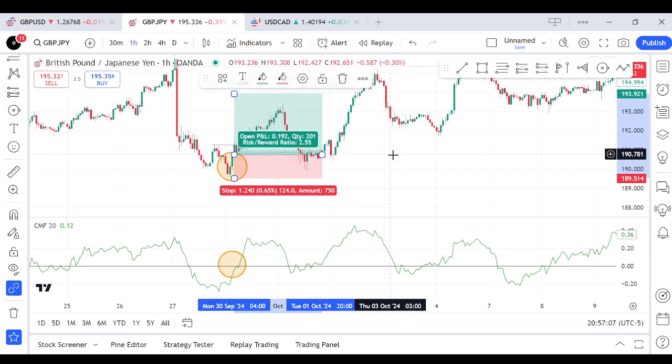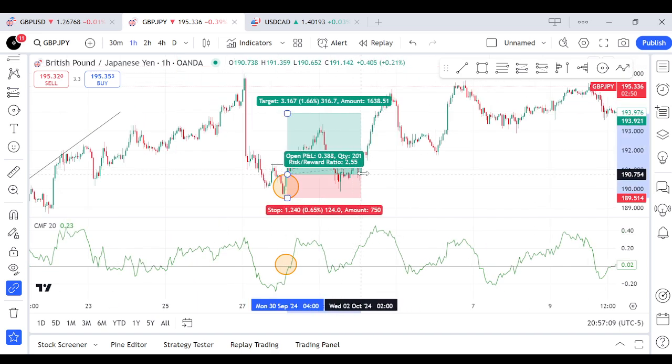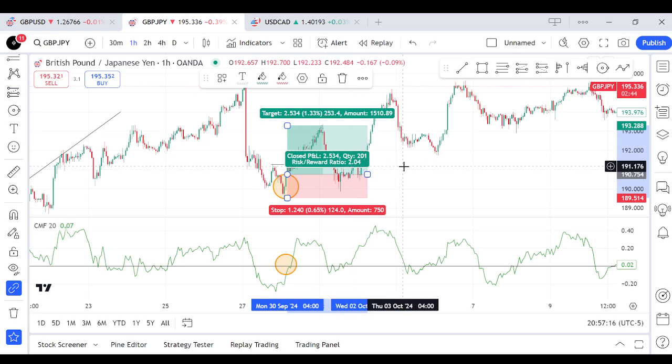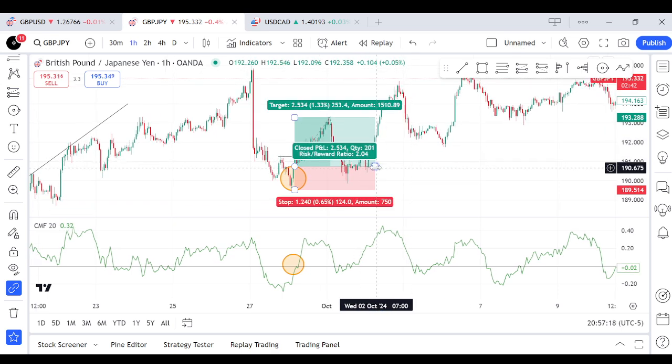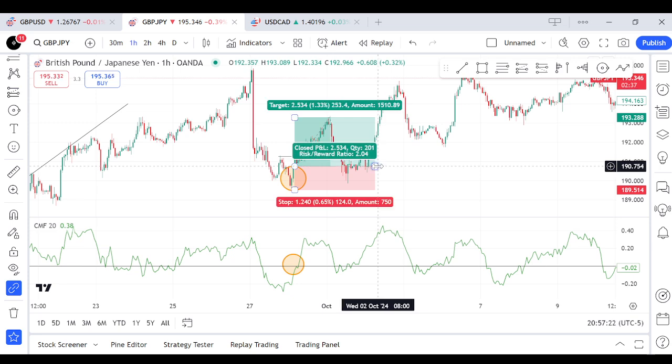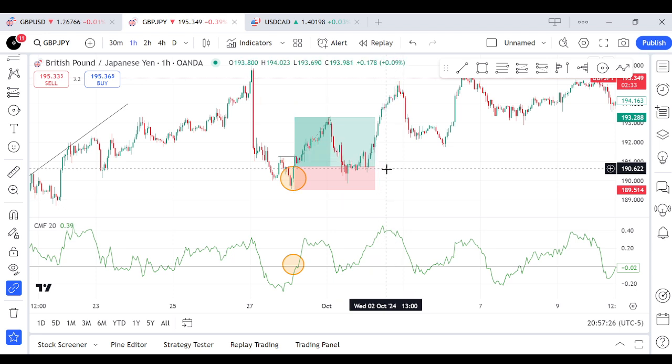with your stops below. Now you should know that when using the CMF to trade your entries and also your exits, always use confirmations. Do not trade the CMF alone. Don't trade the CMF solely. Always try to confirm your trades with other indicators and chart patterns.